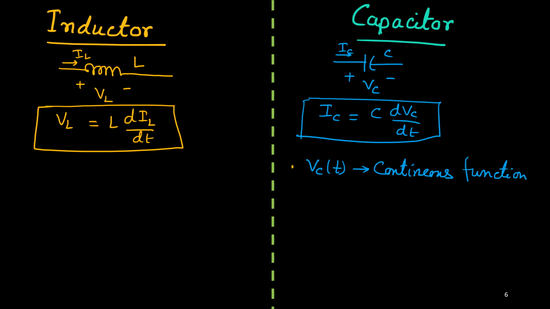Okay, continuous variable. That means if there is any sudden change in a circuit, the capacitor voltage will not change suddenly. It is continuous. But remember that I_C can change suddenly. I_C(t) may have discontinuities.